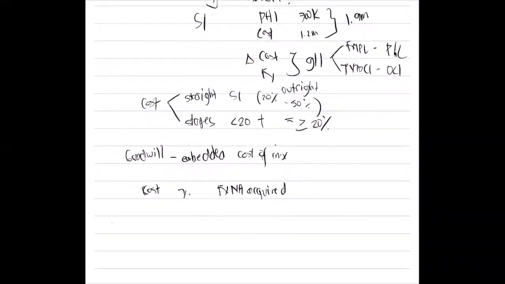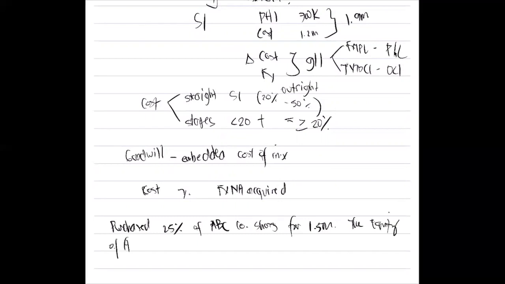So for example, you purchase 25% of ABC company's shares for 1.5 million. The equity of ABC at the date of purchase is, let's say, 5 million pesos.